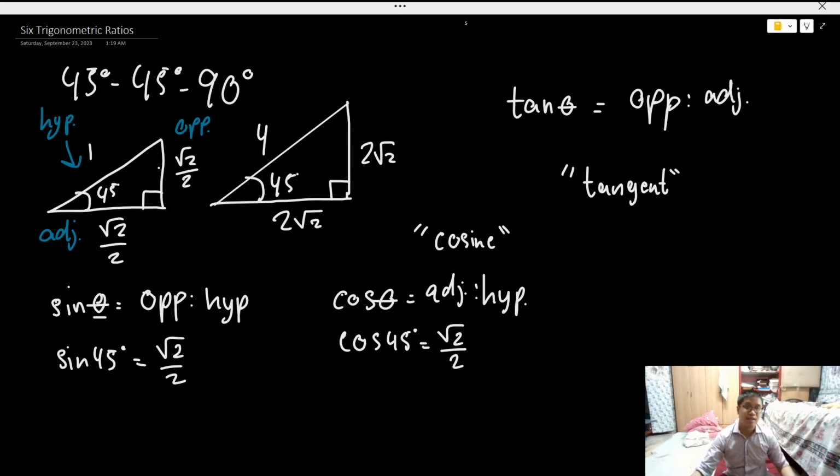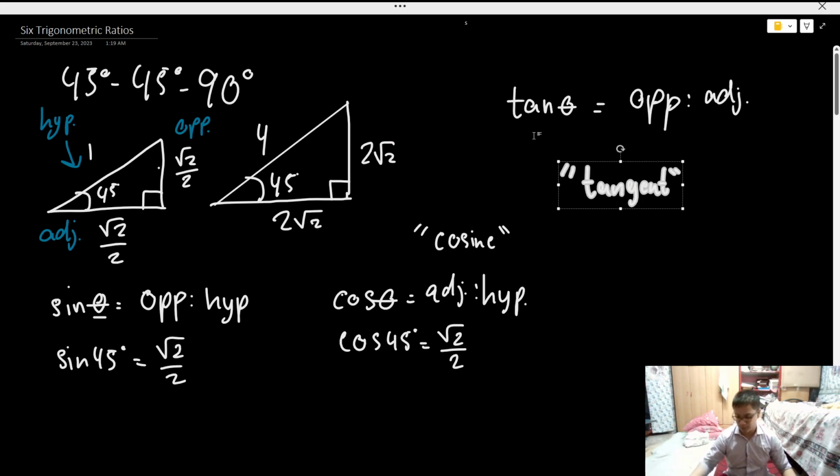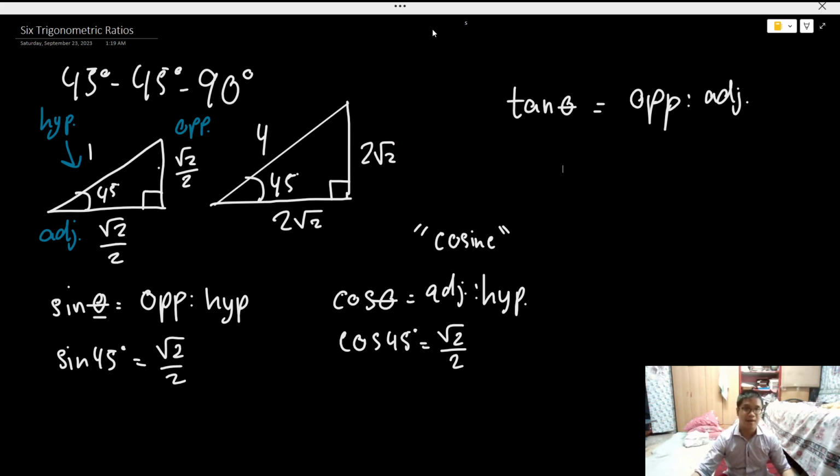Tangent line, and so on and so forth. So tan theta is basically tangent theta. Here, let's substitute the angle 45 degrees. So tangent of 45 degrees, what will be the result? Tangent 45 degrees is 1.